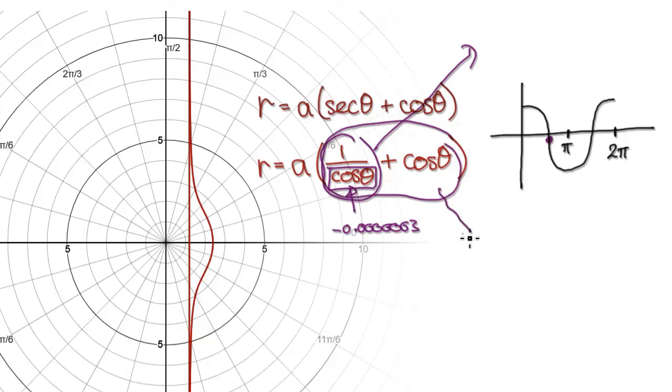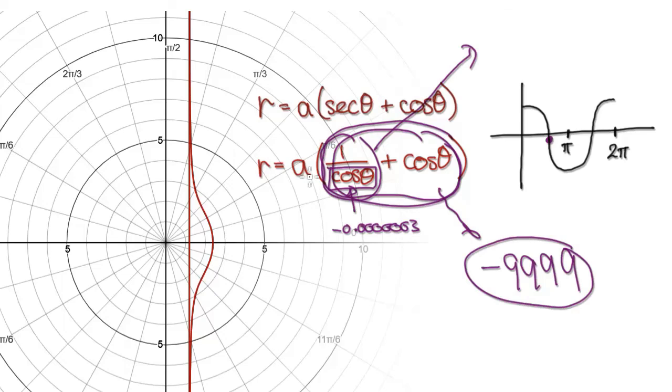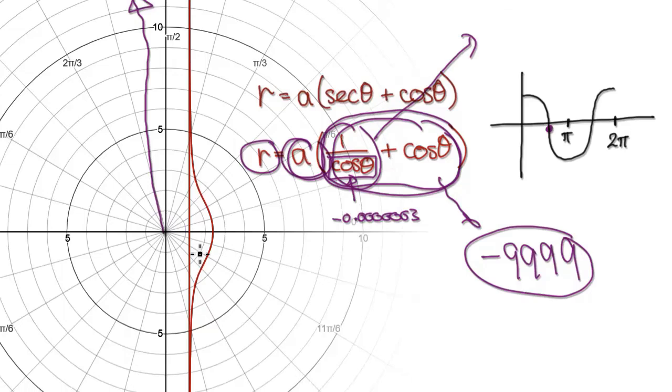Imagine this quantity as being negative 9999, a really big negative number, and then you multiply by A, so that will give you a negative radius that is very, very big. So just after 90 degrees, it will give you a radius that's very big and negative.